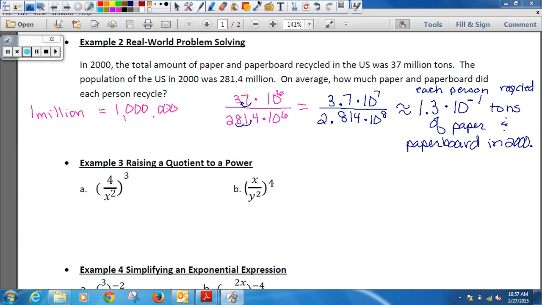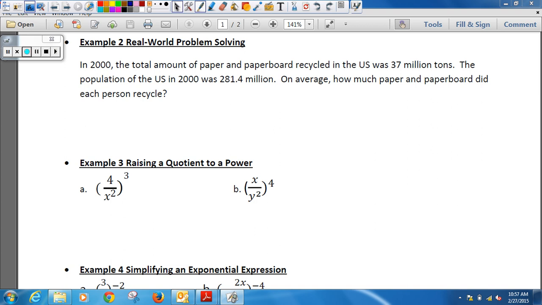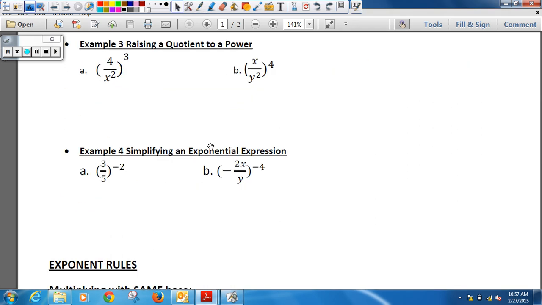Okay, example 3 now. We're doing power to power with quotients involved. So we have to remember our power to power rule from last section. Power to power, remember we multiply exponents. We have to do both the numerator and the denominator. So it'd be 4 to the 3rd over x to the 6th. 4 to the 3rd is equal to 64.